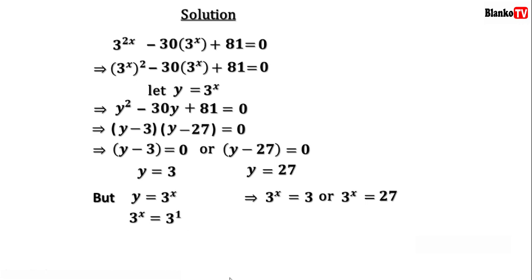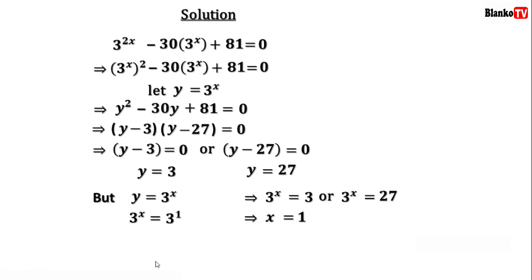I told you before that when you are solving exponential equations, we always make sure that the base on the left and the right should be the same so that we can equate the exponents. Okay, so now the bases are the same, so we can equate the exponents. So x now is equal to 1. I hope you are following it.